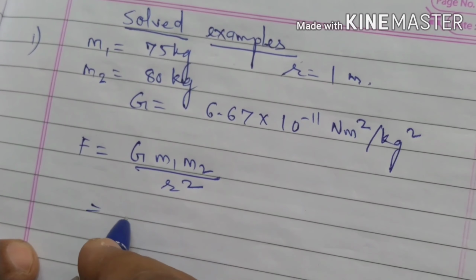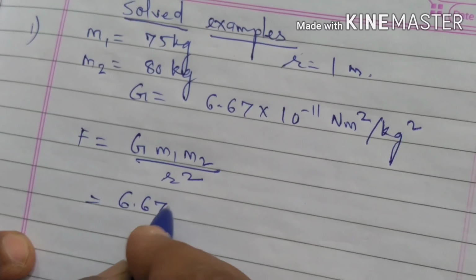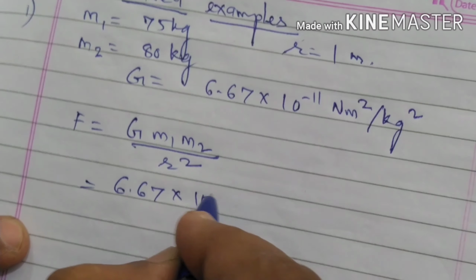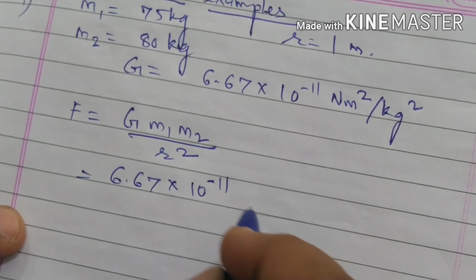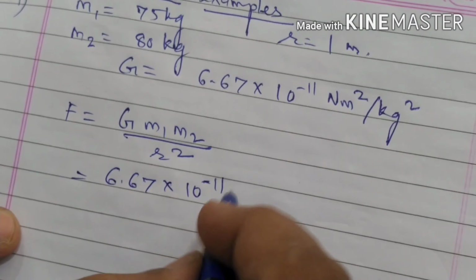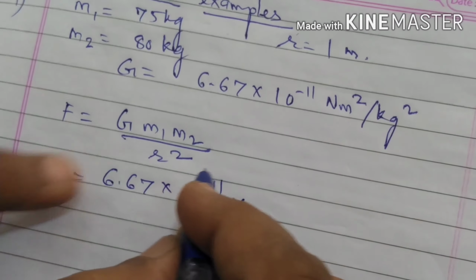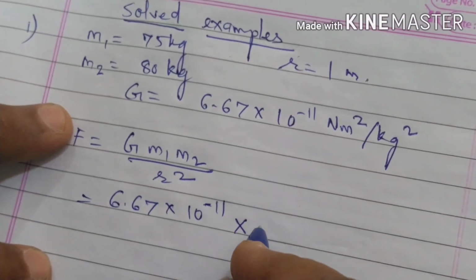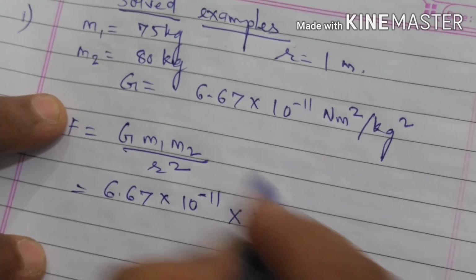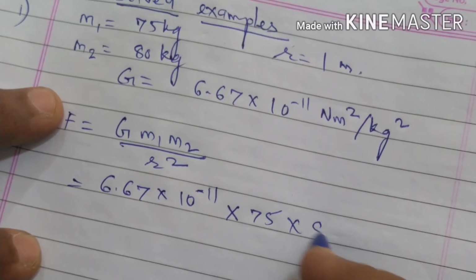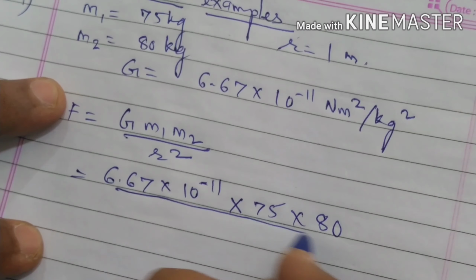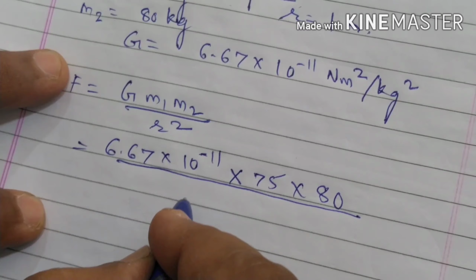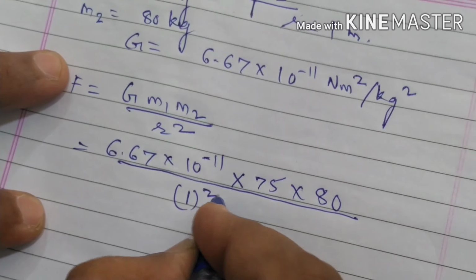G is nothing but 6.67 into 10 raised to minus 11. I will not put the unit. Into m1, which is 75, into m2, which is 80, upon r square, which would be 1 whole square.